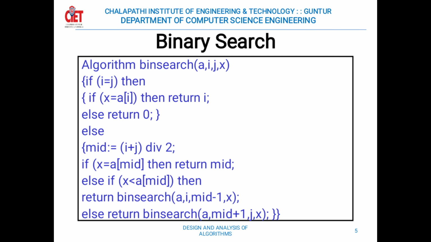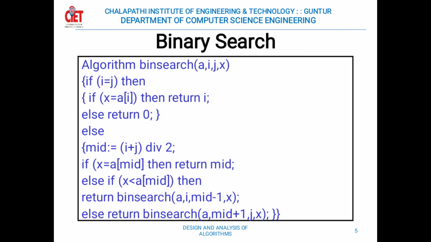For binary search, the key constraint is that the list of elements or array of elements must be in sorted order, in ascending order only. The list of elements must be passed in ascending order.